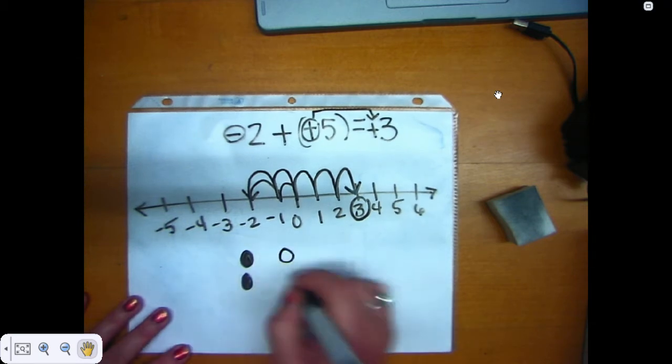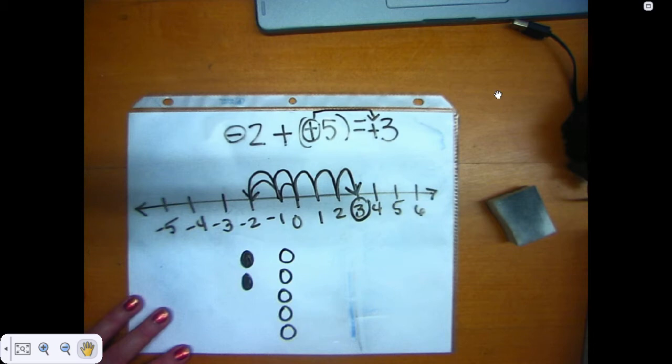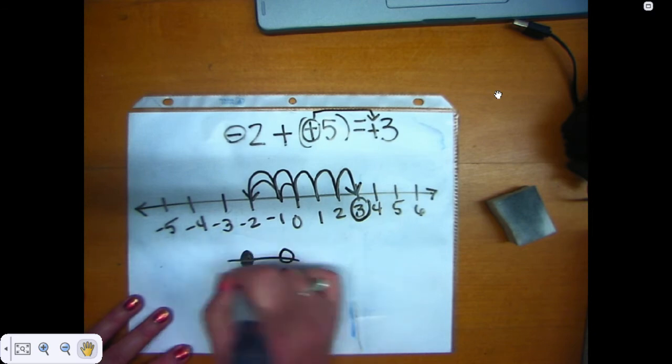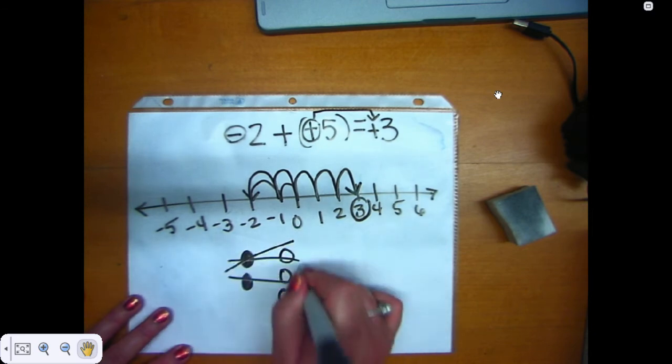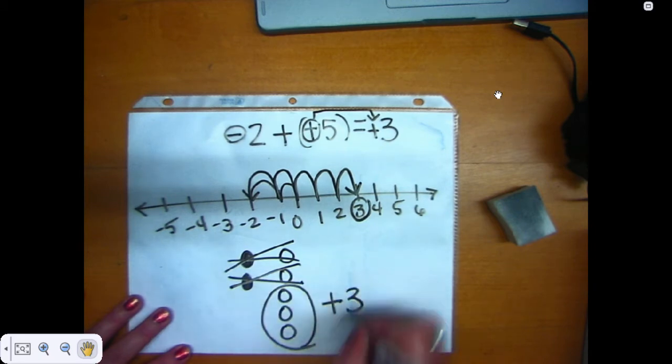So 1, 2, 3, 4, 5. Now, how could I represent getting rid of my 0 pairs? I don't want to erase them because I need to be able to see what you're doing. So I want you to X them off. So that shows me that you're getting rid of your 0 pairs, and this shows me that you're left with positive 3.